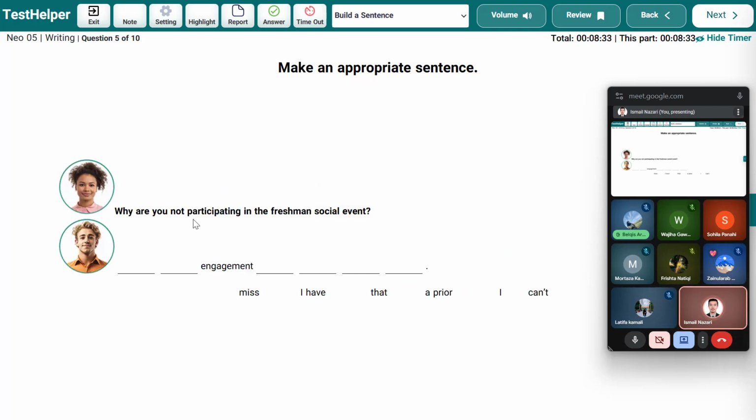Next, why are you not participating in the freshman social event? Again, it asks a WH question. So we have to answer this. We have to give information. Look here, I have is one chunk of words.